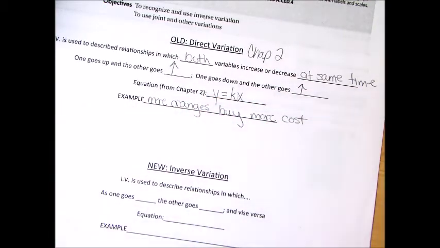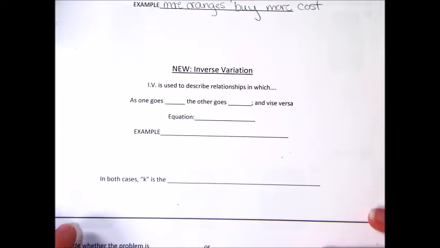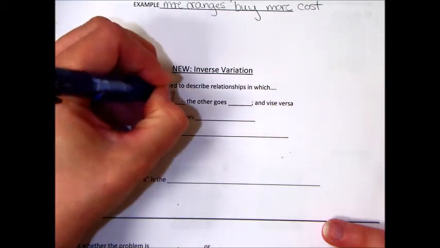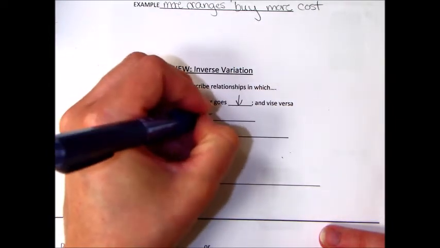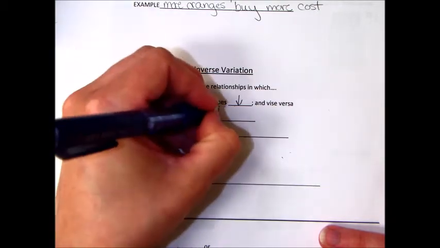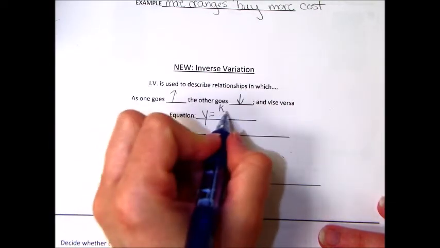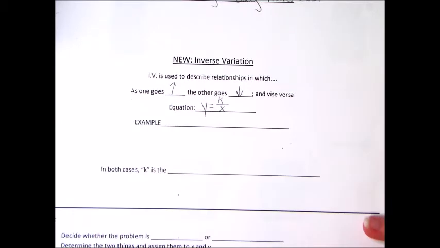Okay? Inverse variation. Inverse variation is used to describe the relationships in which, as one goes up, the other one goes down, and vice versa. So the equation is still y equals k, but this time it's not k times x, it's k divided by x.